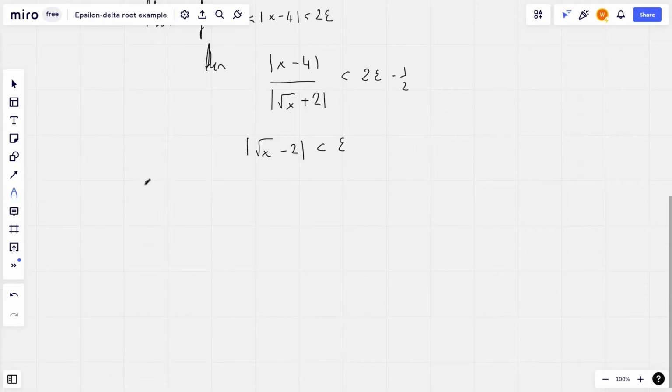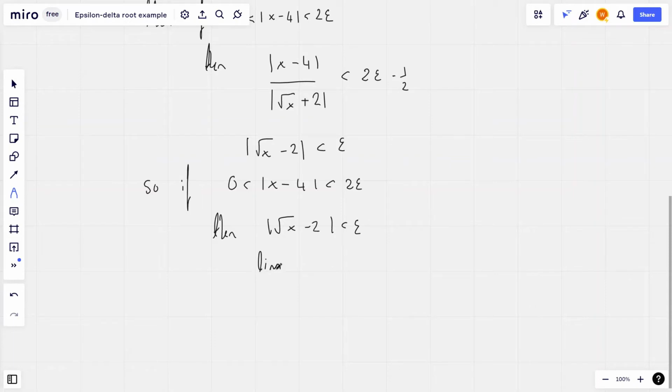Therefore, if we have that the modulus of x minus 4 is less than 2 epsilon, then we have that the modulus of square root of x minus 2 is less than epsilon.